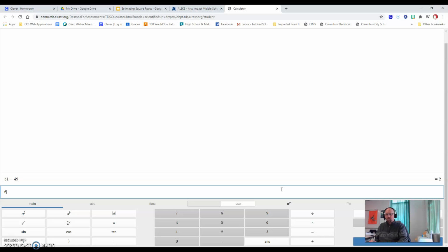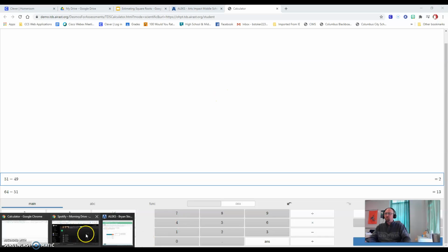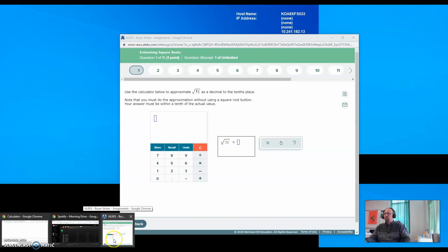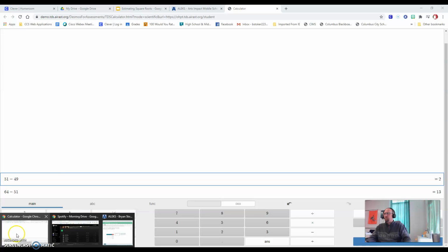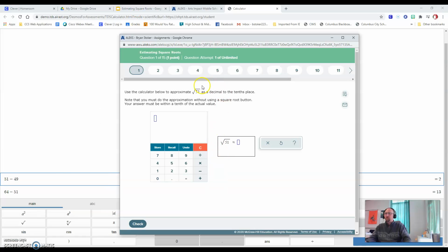Then 64 minus 51 is a difference of 13, which tells me that the square root of 51 is going to be much closer to 7 than it is to 8.